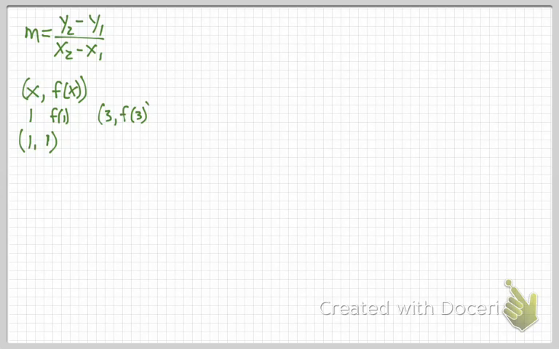Our function was x squared, so f of 3 is 3 squared, 9. Okay, so yes, we know all that.